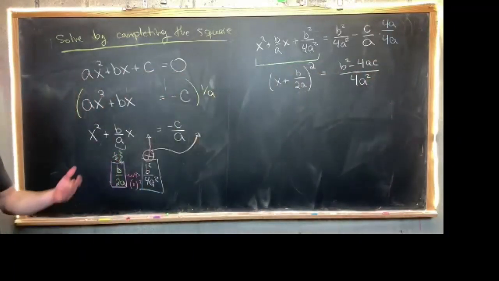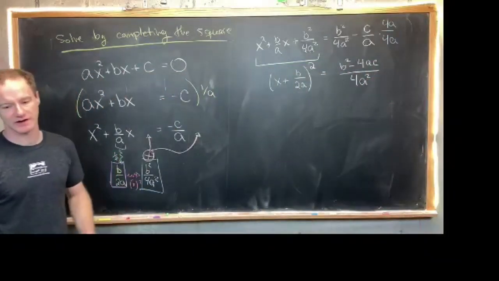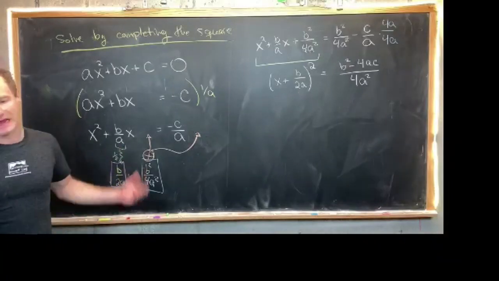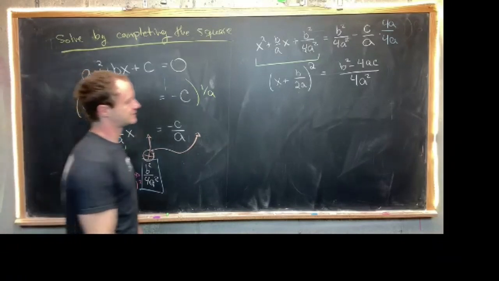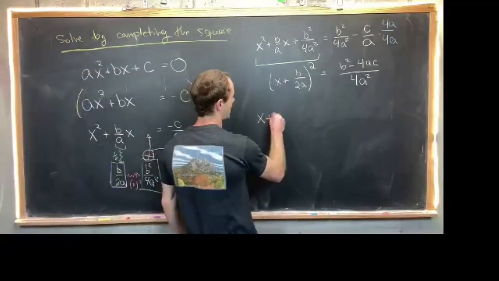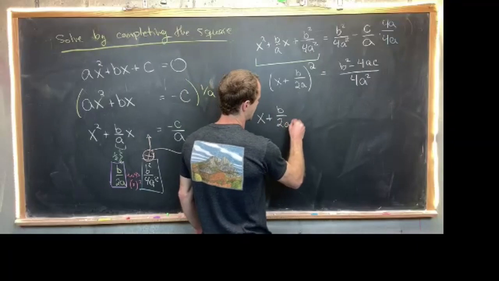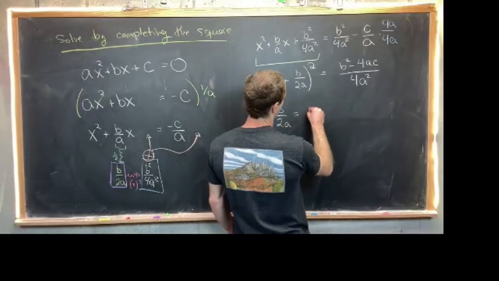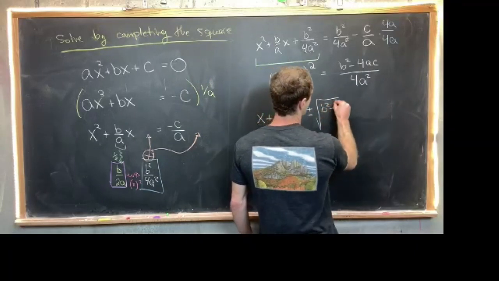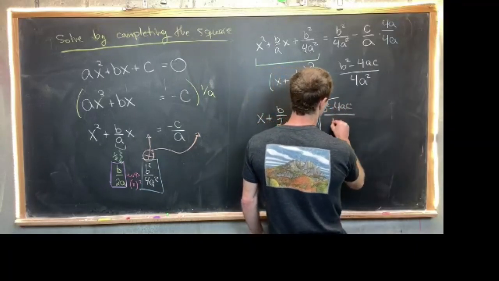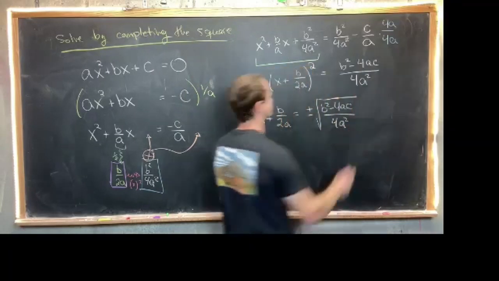Now, it's probably starting to look familiar, like the quadratic formula from an algebra class or something. Next thing that we want to do is take the square root. That gives us x plus b over 2a equals plus minus the square root of b squared minus 4ac over 4a squared.